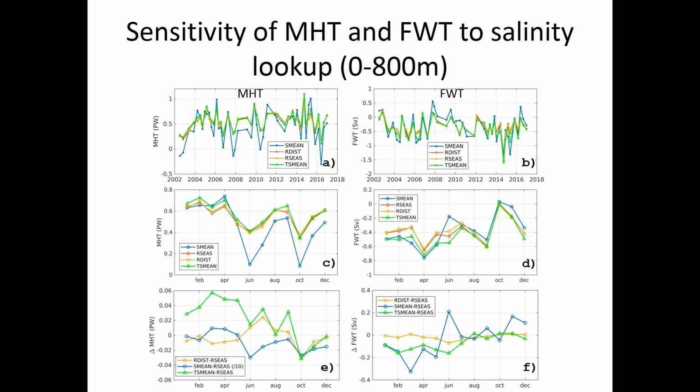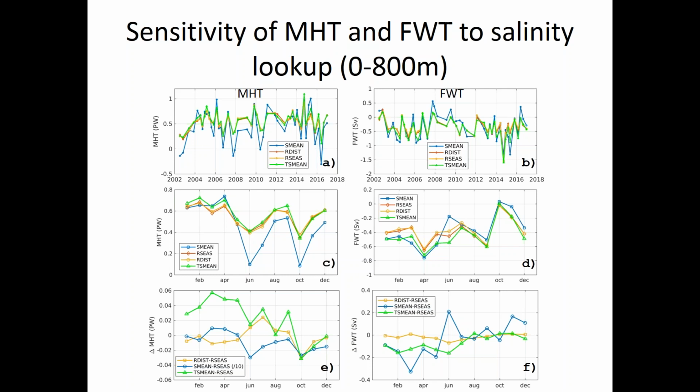So if you look at the time series, I'll just show quickly what you see, and for that S mean that creates most of that error in velocity and salinity, we analyze the time series since 2002 to 2018 for meridional heat transport and freshwater transport. We calculated it for the AMOC, but it isn't plotted here.